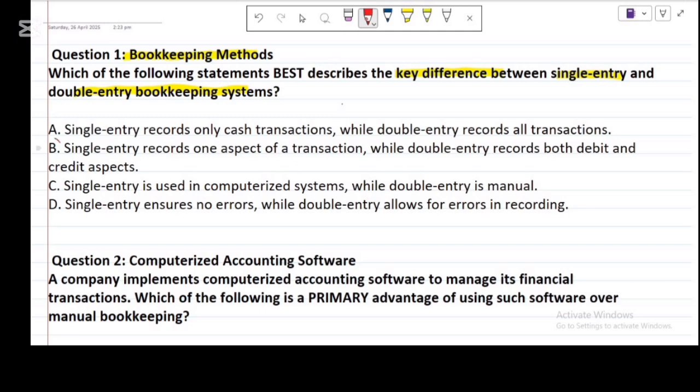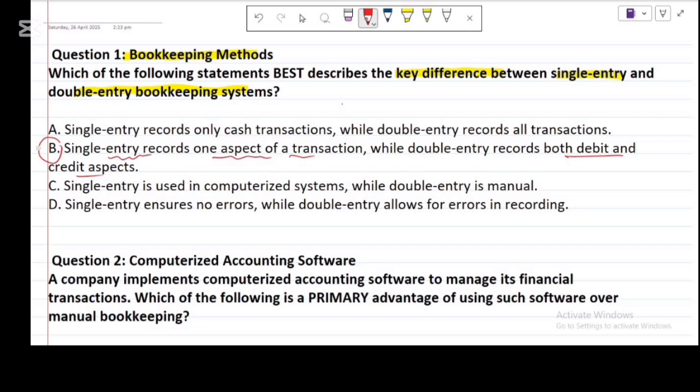So the correct option here is B: single entry records only one aspect of a transaction, while double entry records both debit and credit aspects. We have discussed that in a single entry bookkeeping system, only one aspect of the transaction is recorded, like cash received or paid. It's simpler, but less comprehensive, and this system is prone to errors and lacks a complete financial picture.